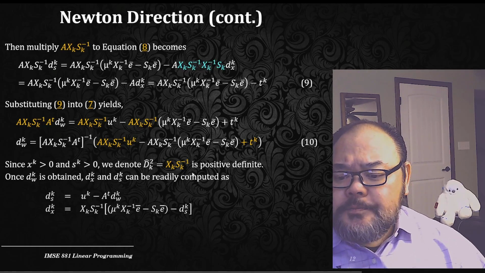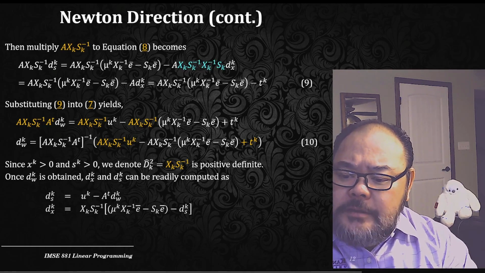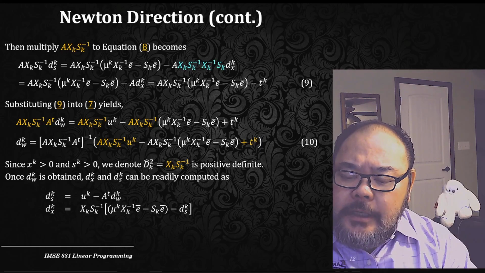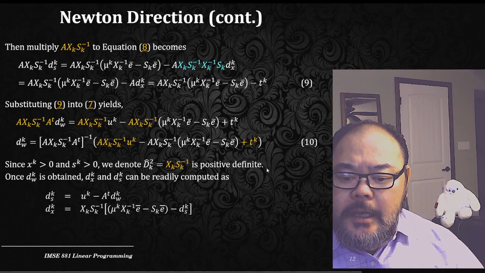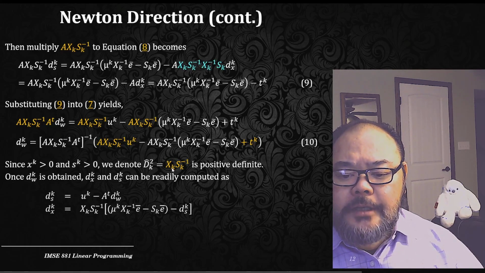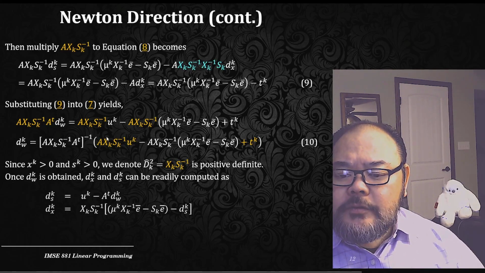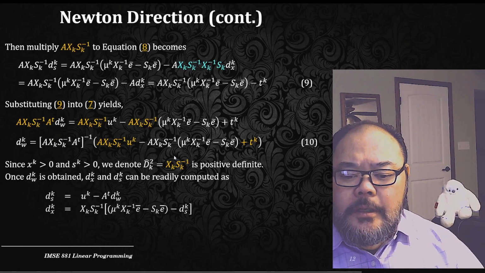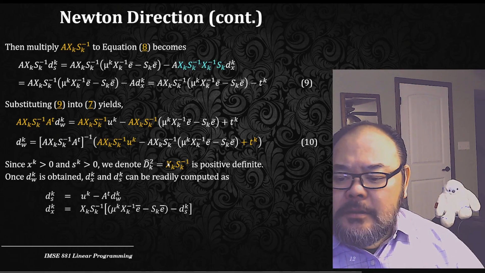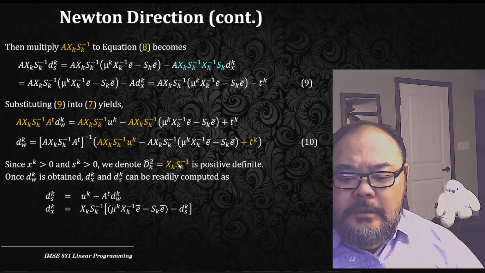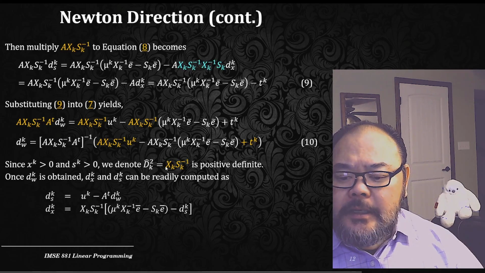And also, if xk is greater than 0 and sk is greater than 0, we use d hat k squared equals xk times sk inverse, which is this part. It is positive definite because both x and s are positive, so it is just xki divided by ski in that case.